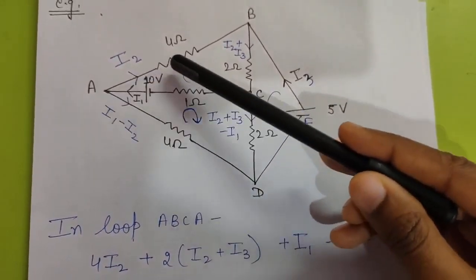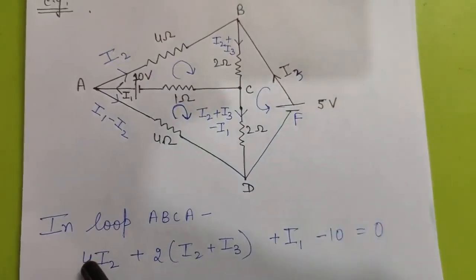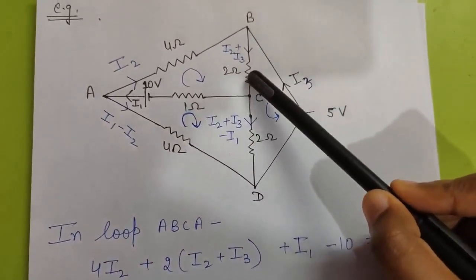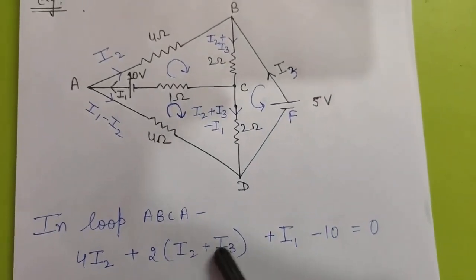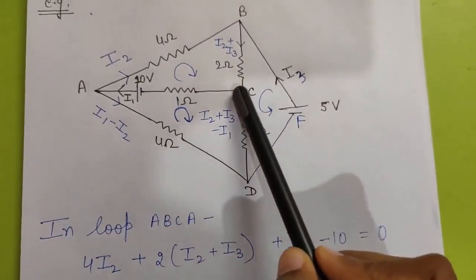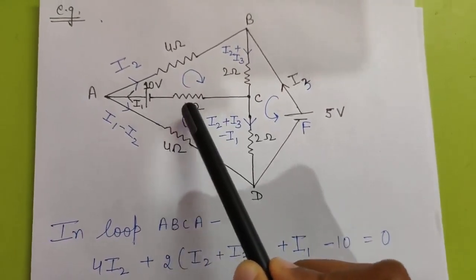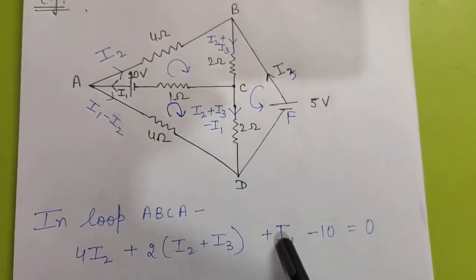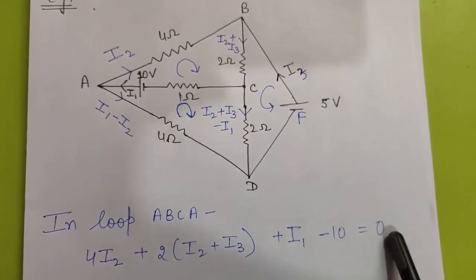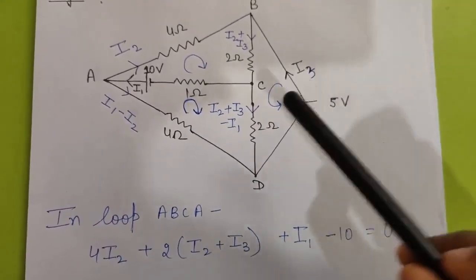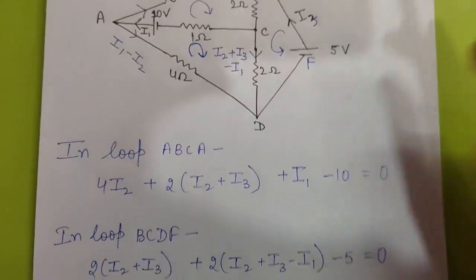I am going in the same direction of current, so 4I2. Again in the same direction of current, so plus 2 into (I2 plus I3). Again in the same direction of current, that means plus 1I1, and the negative terminal is coming first, so minus 10, equals 0. Now the second loop will be loop BCDF.